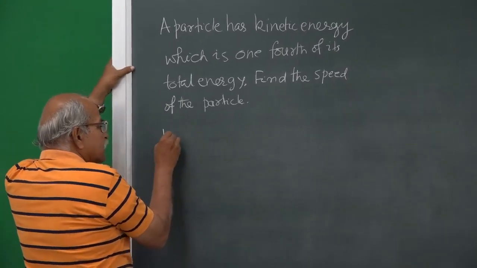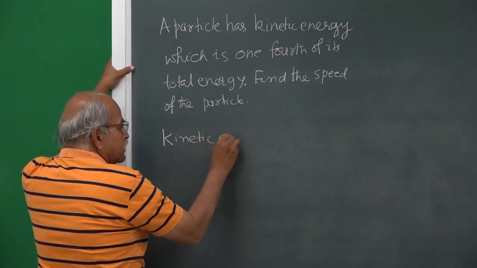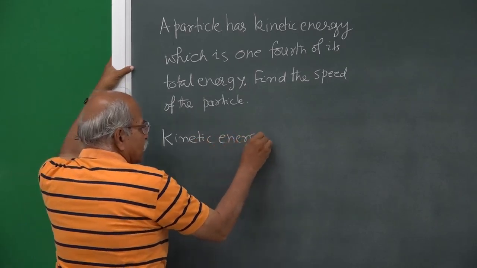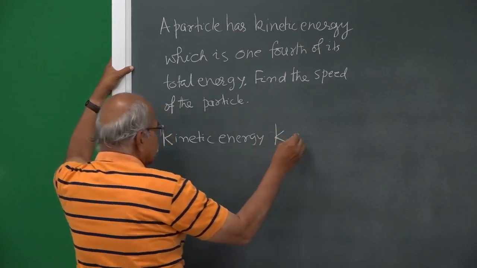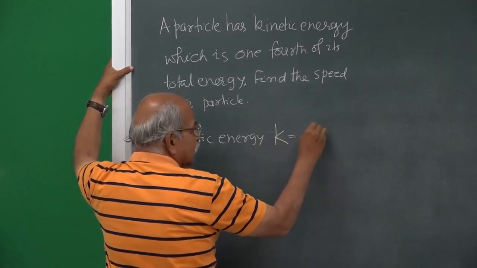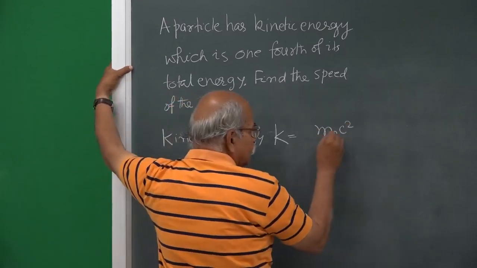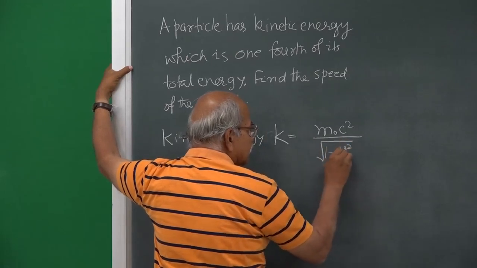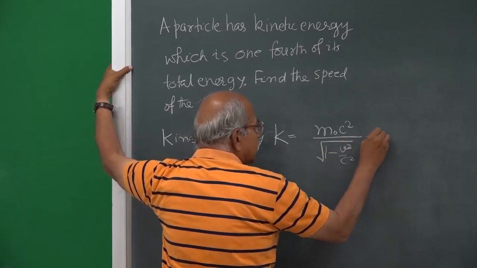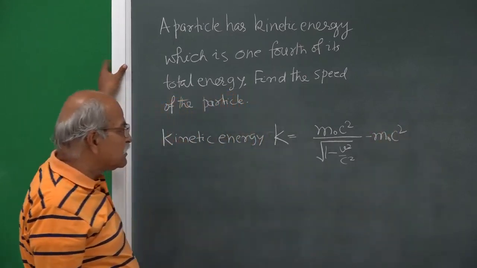Now, what is kinetic energy and what is total energy? Kinetic energy we had defined as K, that is m naught c square divided by square root of 1 minus v square by c square, minus m naught c square. How do I remember that?